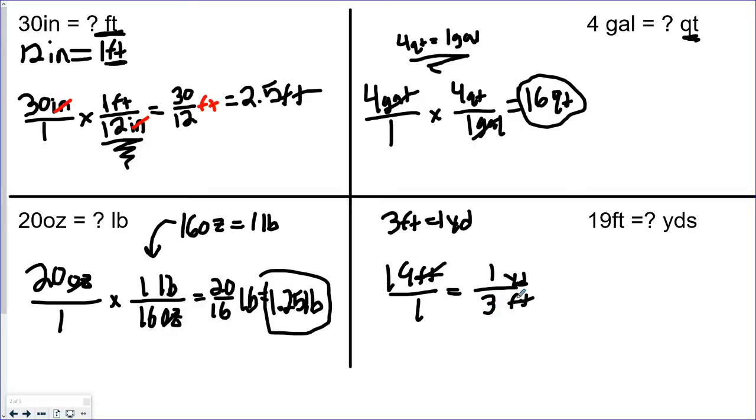Once again, the feet cancel out, and I'm just left with multiplying my fraction. So 19 on top, 3 on bottom, which just like before means I'm going to end up dividing, because I have 19 over 3. Some of you might be able to see here that you're going to need to divide right away. This ends up being 6.3 repeating yards.